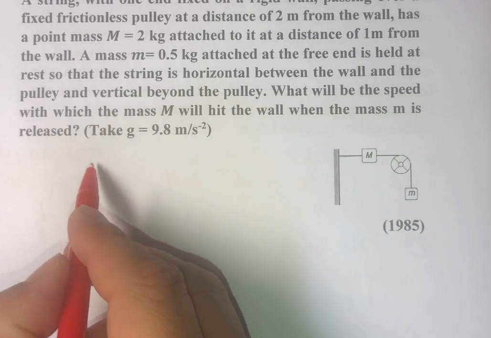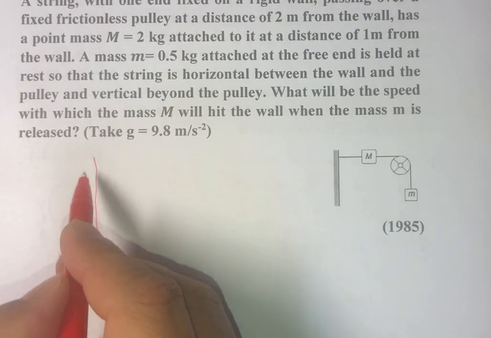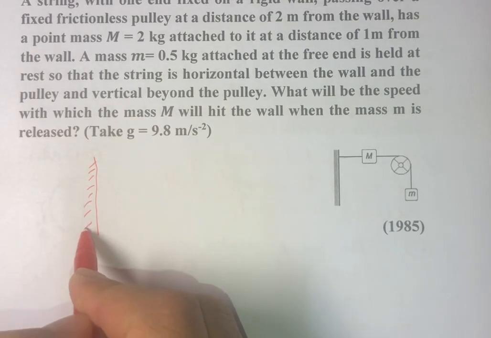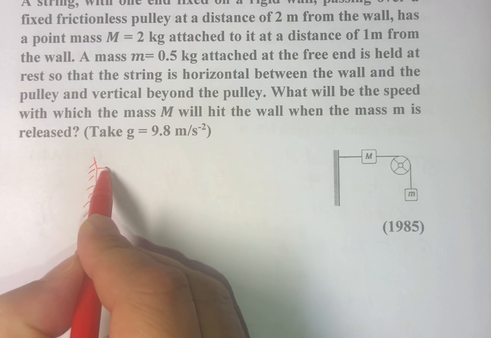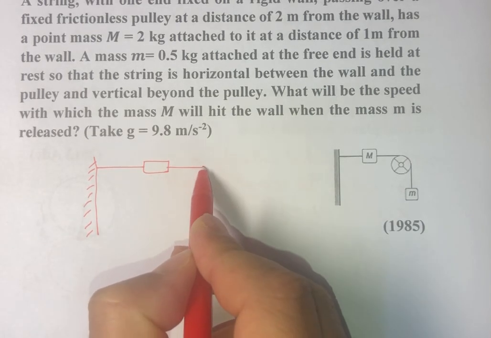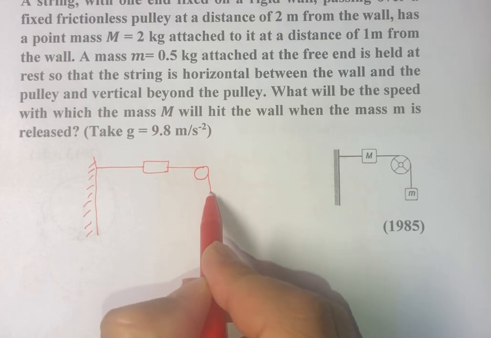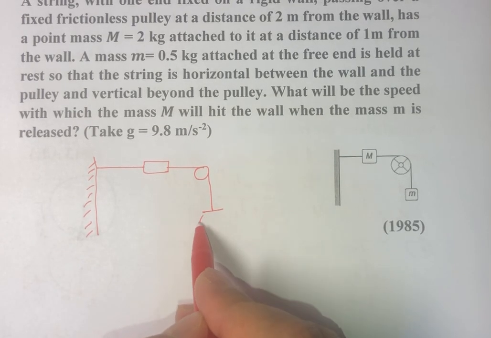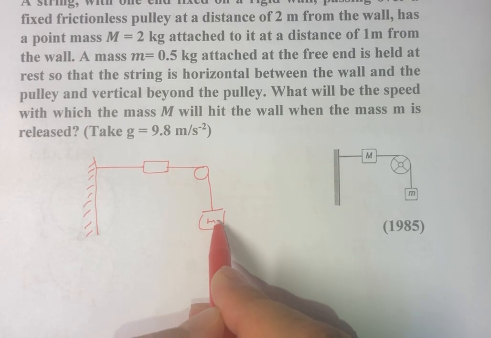So let us draw this figure. Initially we have mass M along the pulley, and this is small mass m.